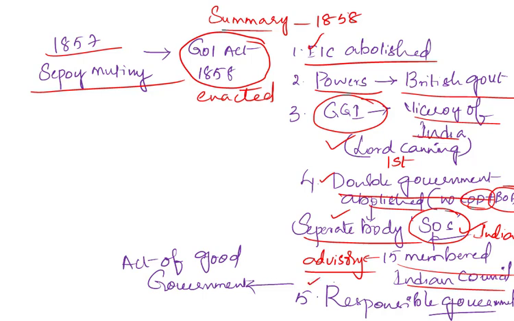The Government of India Act 1858 was intended to bring good government in India, and it wanted to alter the system which was already existing in India. So it wanted to improve administrative efficiency, so it brought accountability at each and every level of administration. That's why it is known as the Act of Good Government.